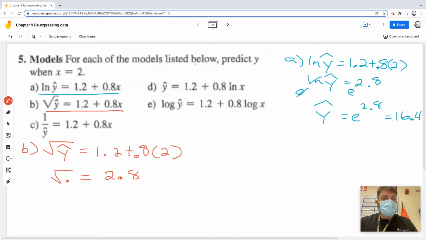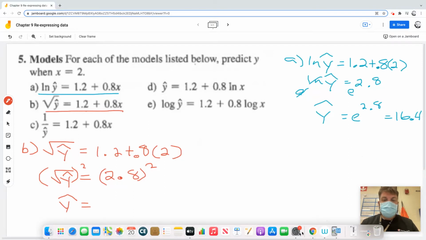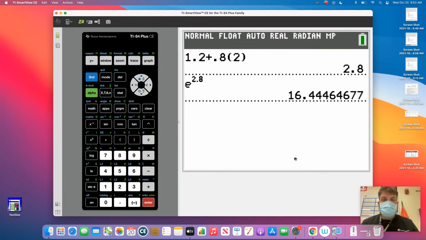But I've got the square root of y hat, but I want y hat by itself. So how do I undo a square root? Square it. Whatever I do on one side, I got to do to the other side. So when I square a square root, because they're inverses, I'm left with the base, which is y hat. And then I just got to take my 2.8 and square it.